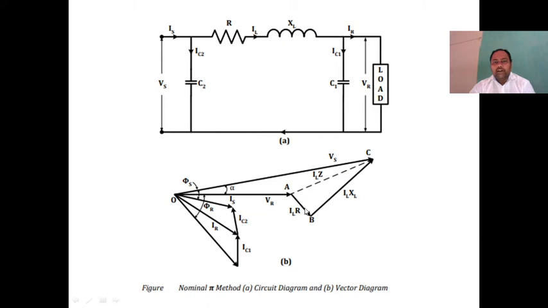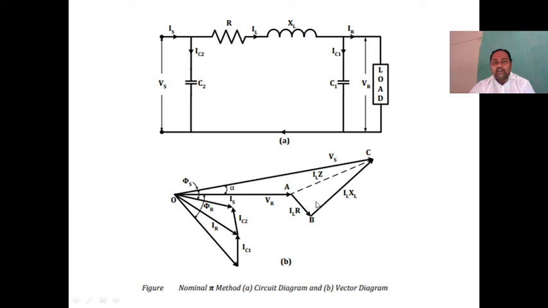So draw ILR parallel to it. Next, the inductive reactive drop is always 90 degrees from the resistive drop.